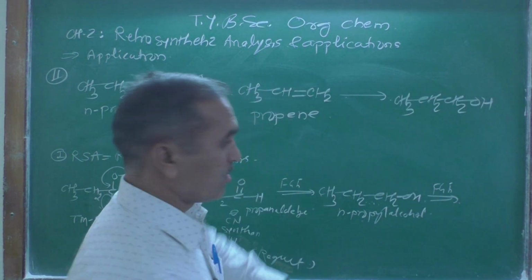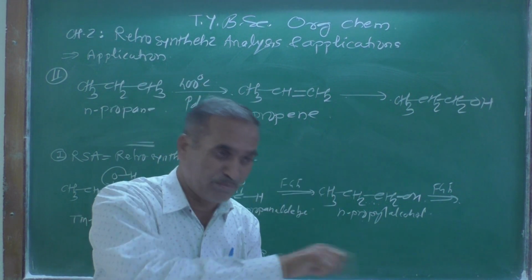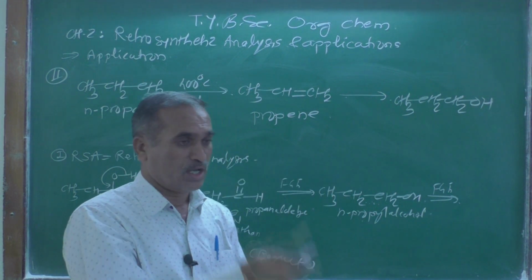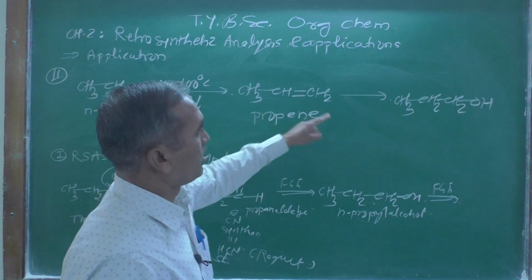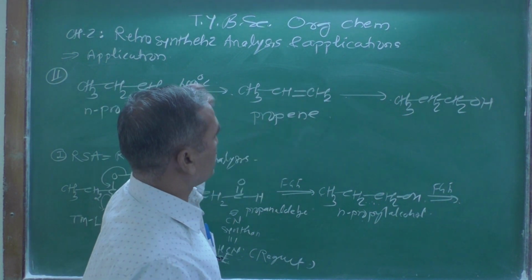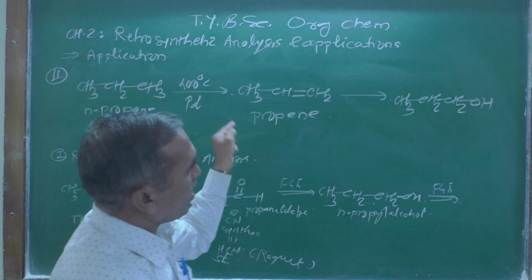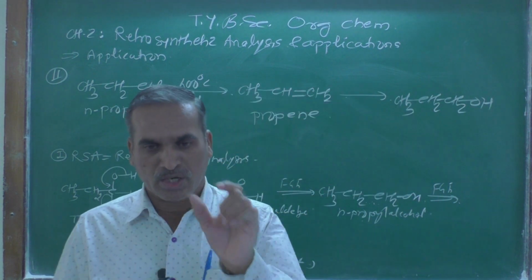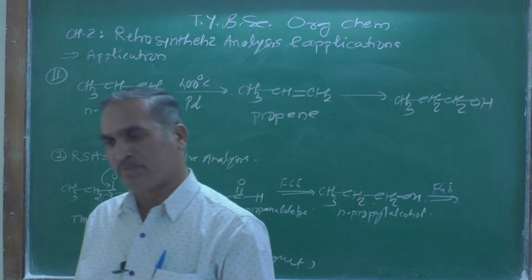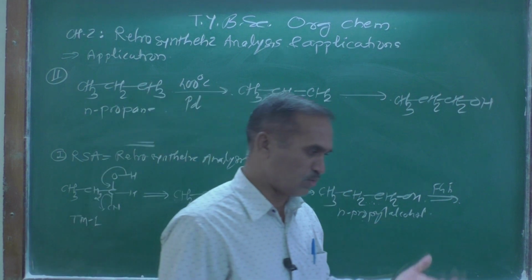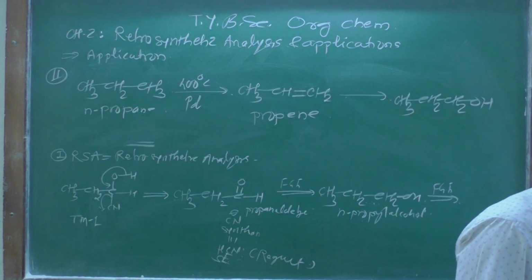So by applying your previous knowledge at the appropriate position, tell me what is the reagent which converts propene into an alcohol. In FY B.Sc, you might have learned this, or in SY also, or in your previous classes.